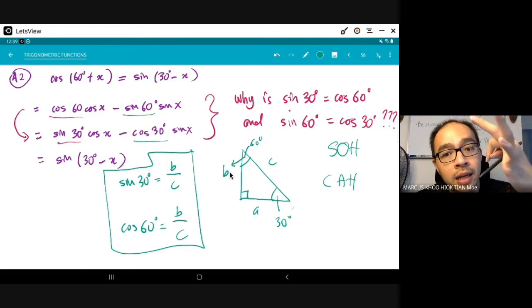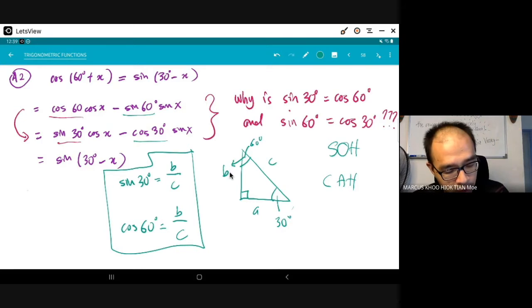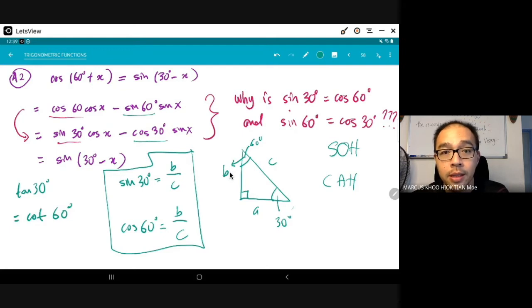The sine and the cos of the complementary angles are the same value. Likewise, the tangent and the cotangent of the complementary angles are the same value. For example, tangent 30 is equal to cotangent 60. And it doesn't matter what the angles are, as long as they're complementary.